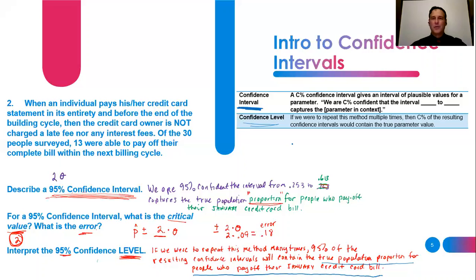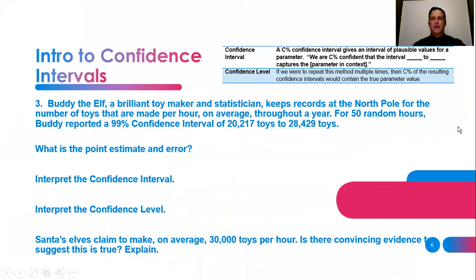We use what you see in here to describe what you see at the bottom down here, okay? So it's written almost word for word the same thing. The only thing that I changed was this part in the back, okay? The true parameter value, and again, always write it in context, even though that's not put there.